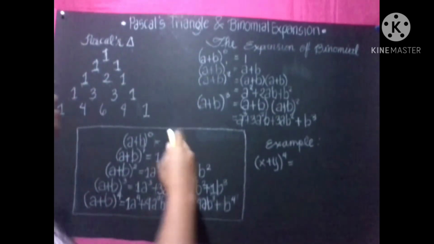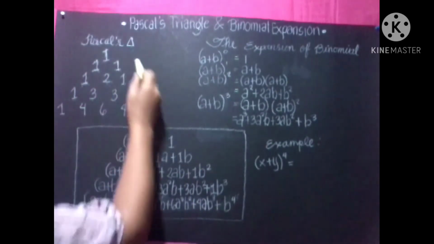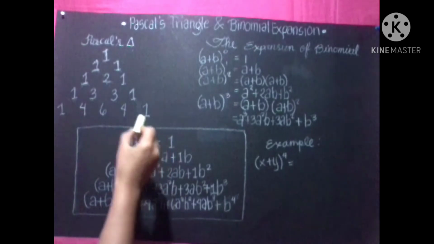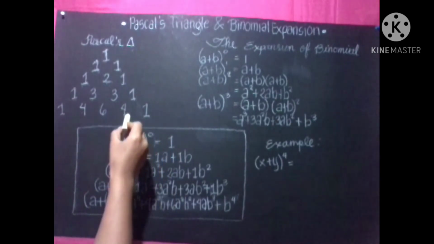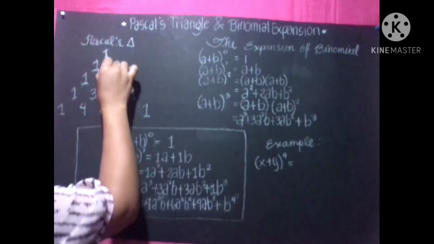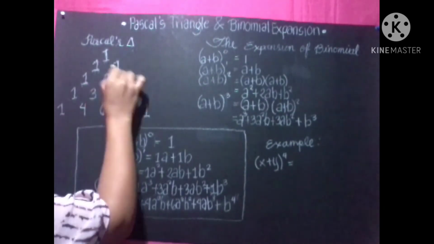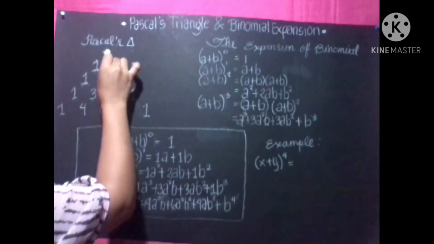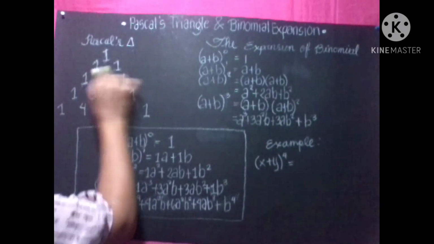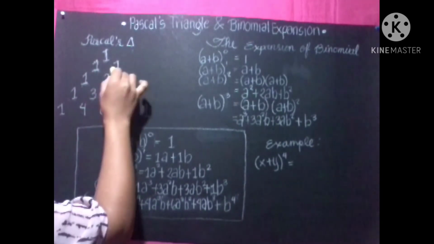So here is the Pascal triangle. All we have to do first is to put 1 at the top. Next is to have 1 at every edge, like we are having our little triangle.